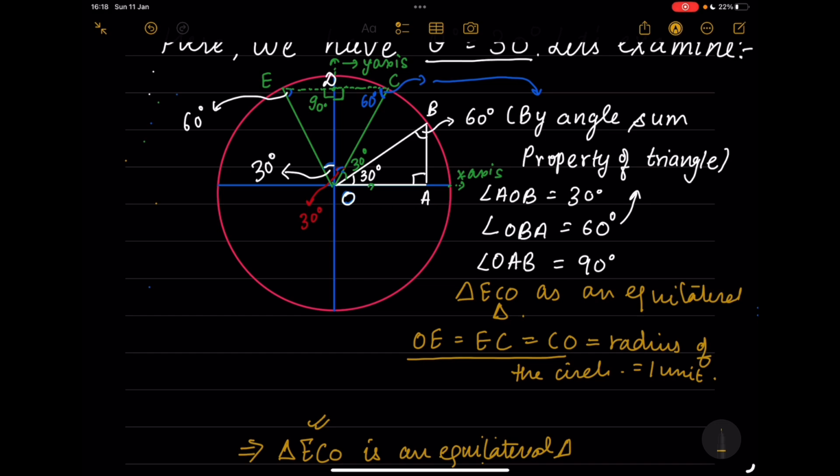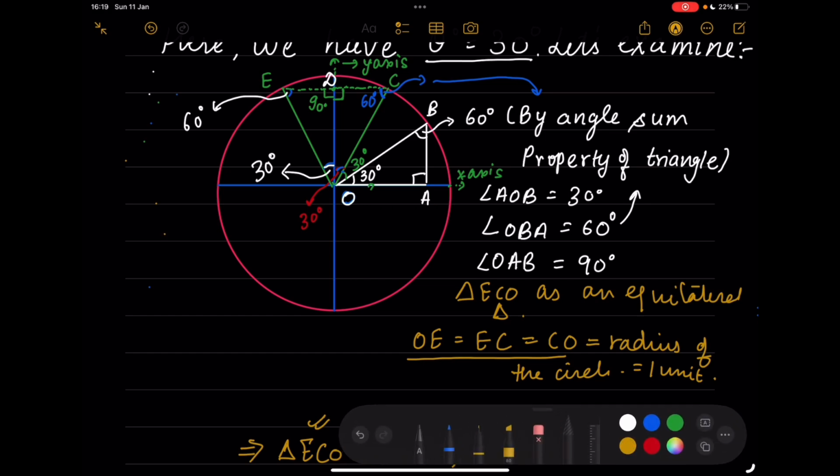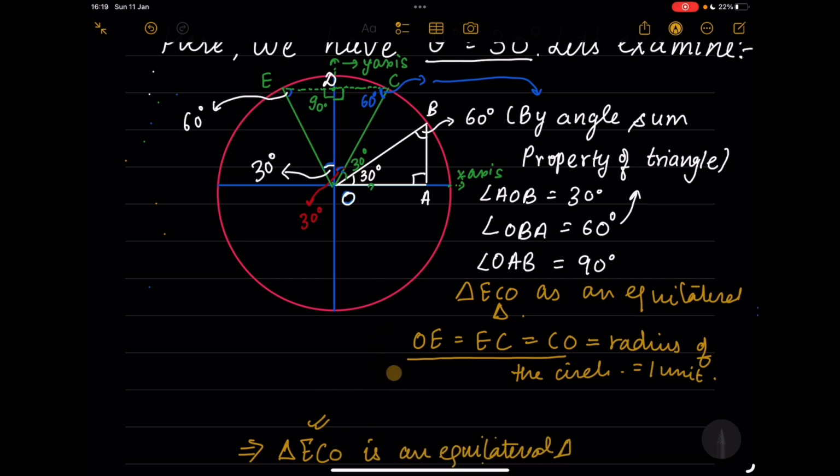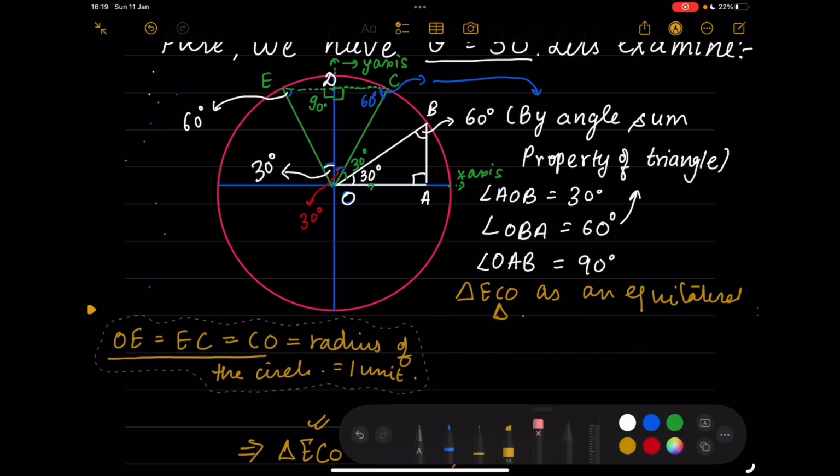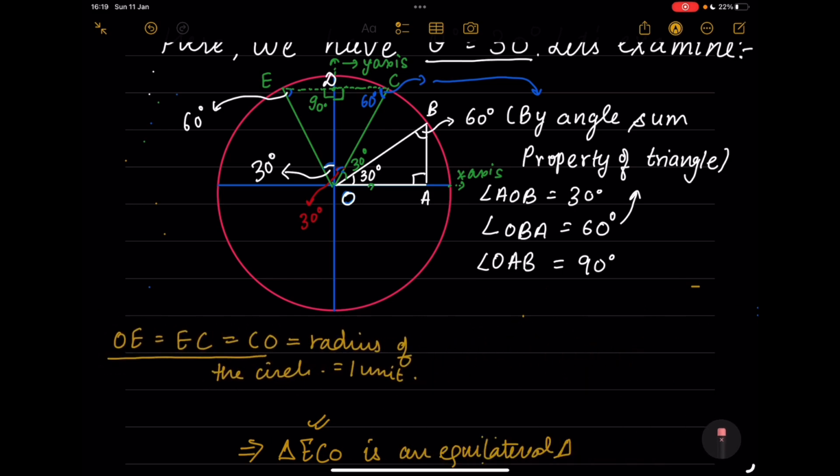Let's keep this part aside for a moment because we'll see where this part is useful. I'll keep it here, and the rest I will erase.